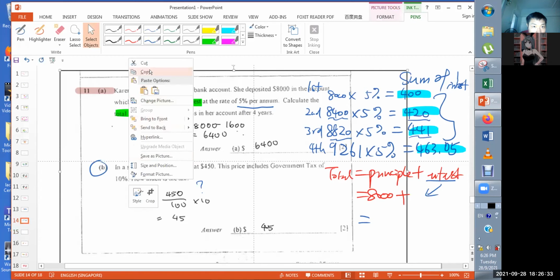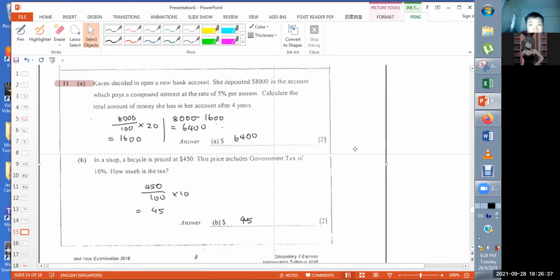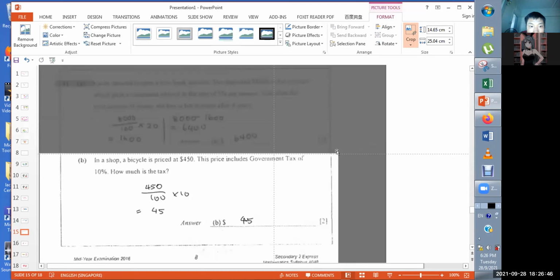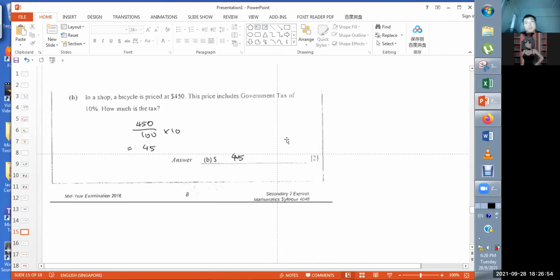Let me just copy this over. I'm not saying this method is wrong, but I think there is a better way.